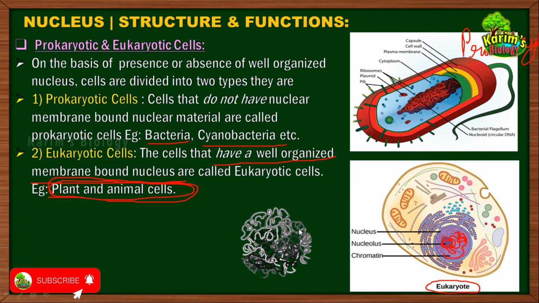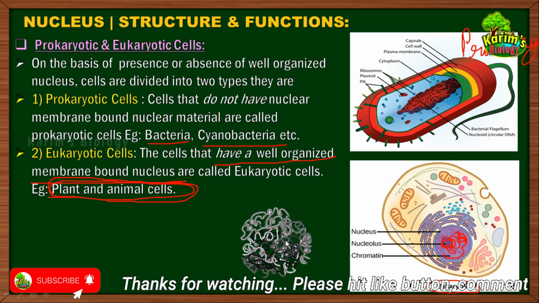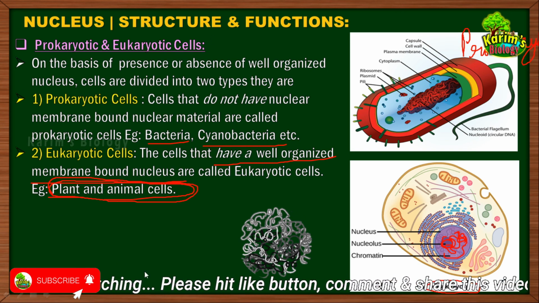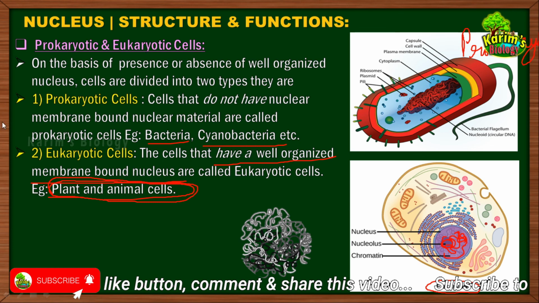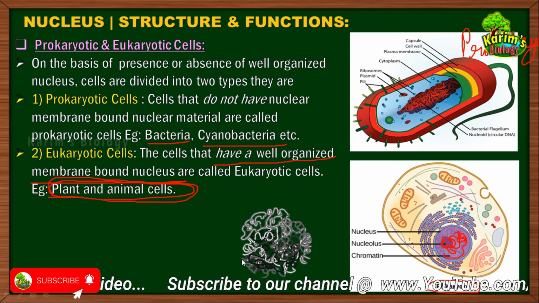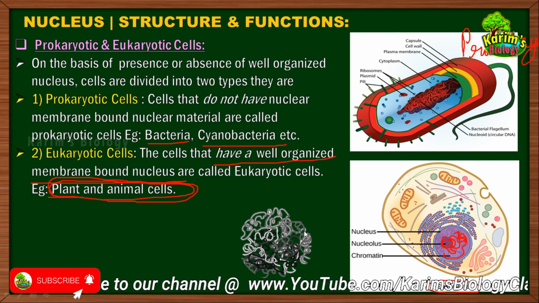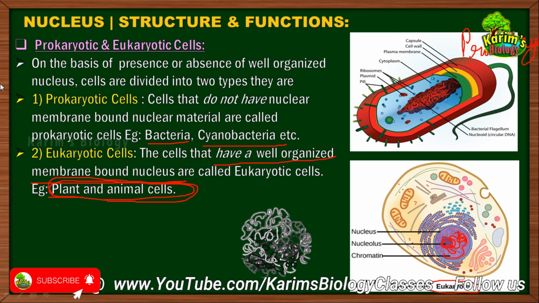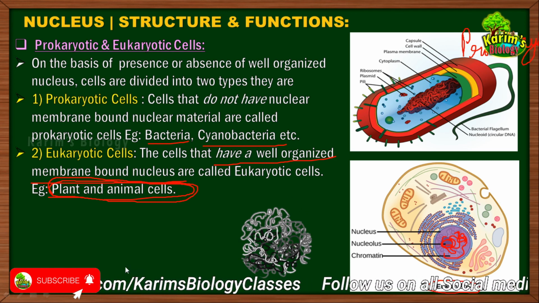Okay, so now the chromatin material is naked in a sense that it is not covered by any membrane. Can you find any membrane around this chromatin material here? No membrane. So what type of cell will this be now? Because there is no membrane around the nucleoplasm, this cell now will become a prokaryotic cell.